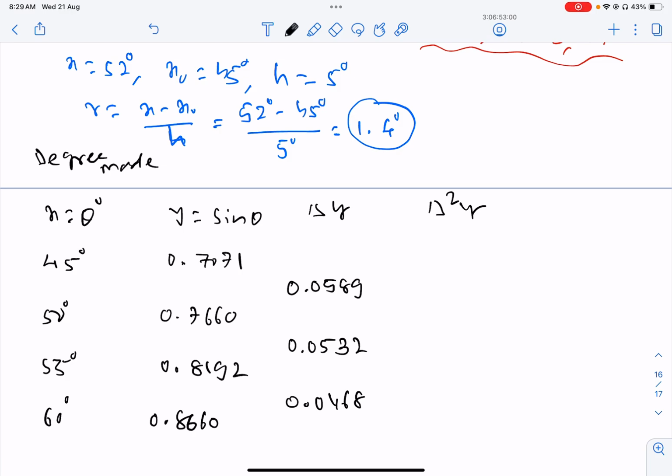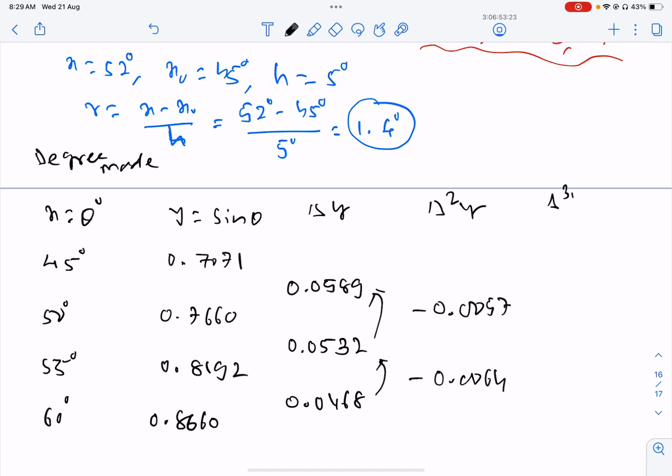Same way you take the second difference. So this minus this. So 0.0532 minus 0.0589. It is negative of 0.0057. Same way here take the difference. It is negative of 0.0064.